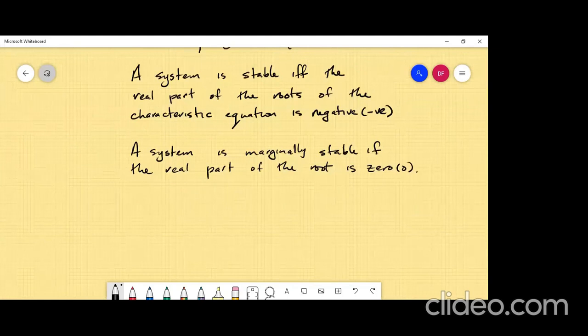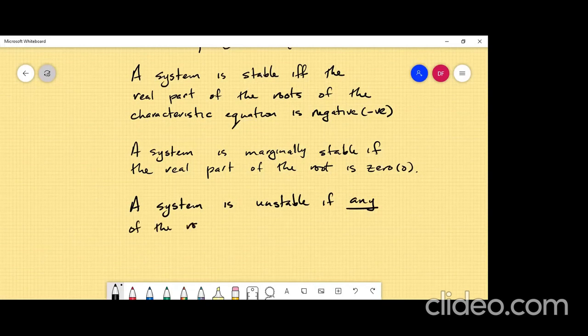And a system is unstable if any one bad apple spoils the whole bunch of the roots, that is, if any root has a positive real part, it's unstable.